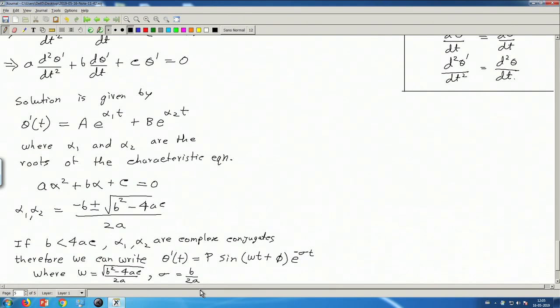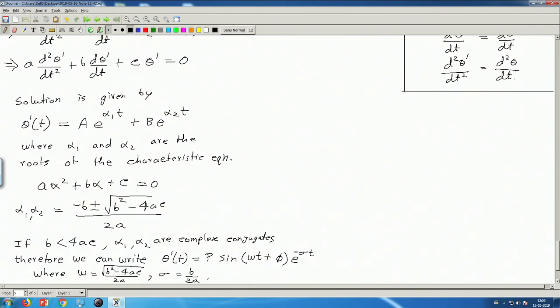So I'm assuming that you know how to solve this homogeneous second order differential equation, and so you can find the solution of this form, and the value of p and phi, these two can be found from the initial value of theta and derivative of theta.